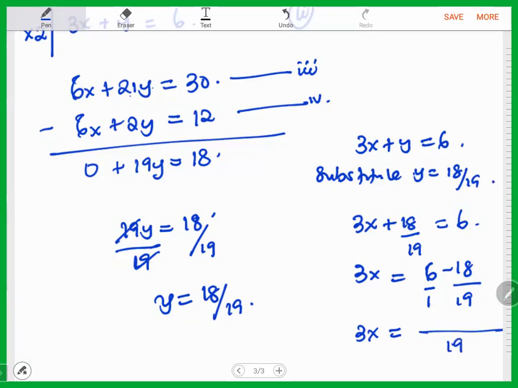19 times 6 is 114, minus 18, over 19. So that is 96 over 19.